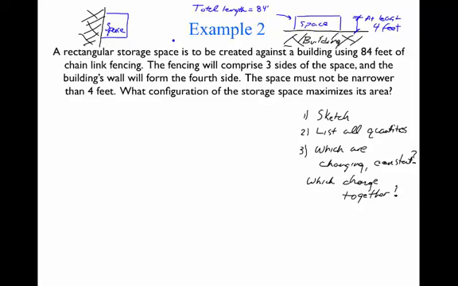Okay, who's next? Quinn. Tell me, what did you have on your list of quantities? Length of the side parallel to the building. Do you have another one?